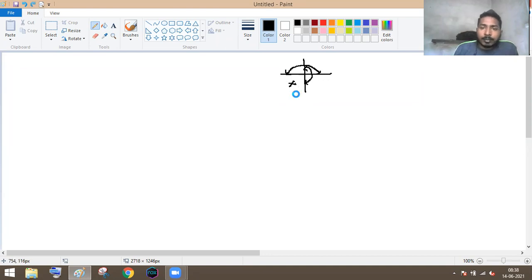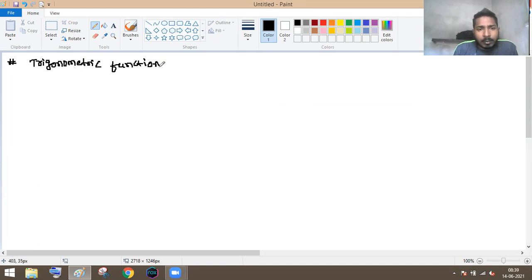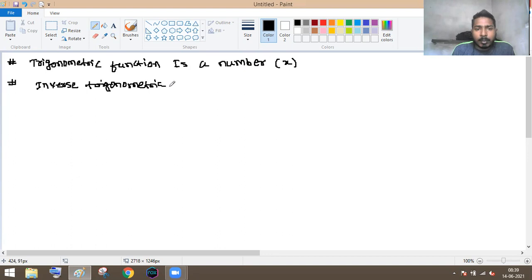Okay? Now you may be wondering how this will be solved. I will give you a small trick for this. Remember this thing. A trigonometric function is a number, basically represented as x. Number means x, y, you can take anything. That is a number. But an inverse trigonometric function is an angle.